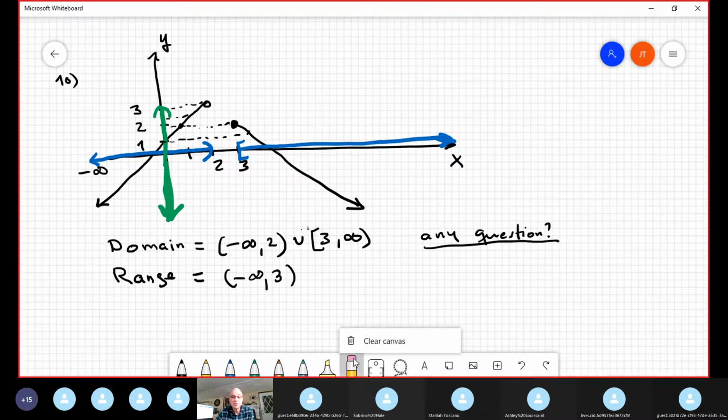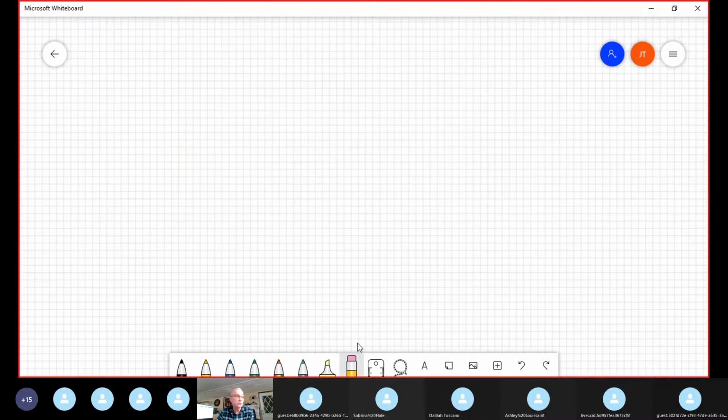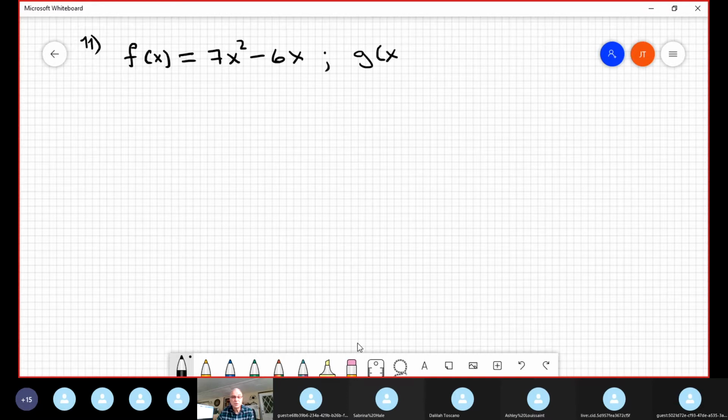Okay, let's move on to question 11. Question 11 is a combination of functions. We have two functions: f of x equals 7x squared minus 6x, and g of x equals x squared minus 2x plus 24.